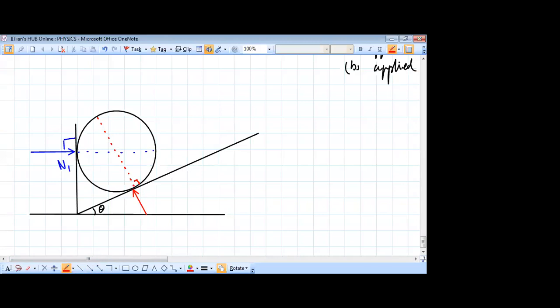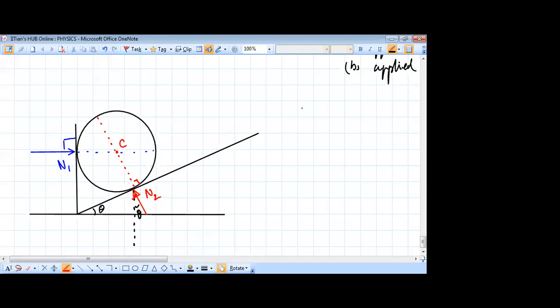So once again, that concept comes in here: you draw a vertical here, and this angle will be theta. So you draw the normal reaction as well, and this will be the center of the sphere.